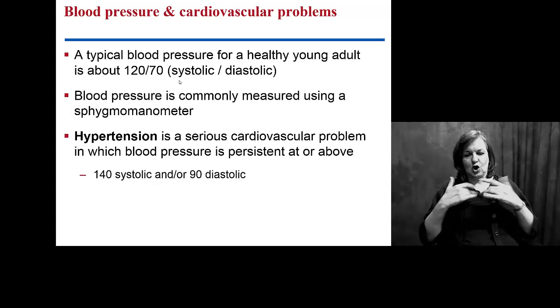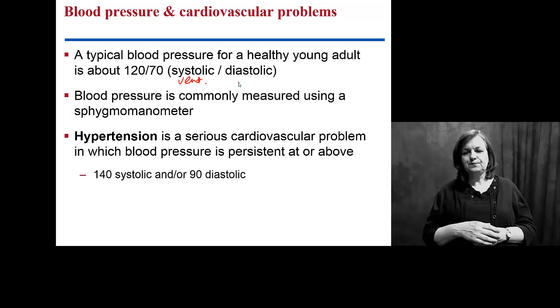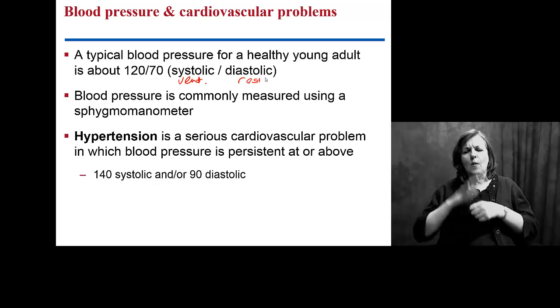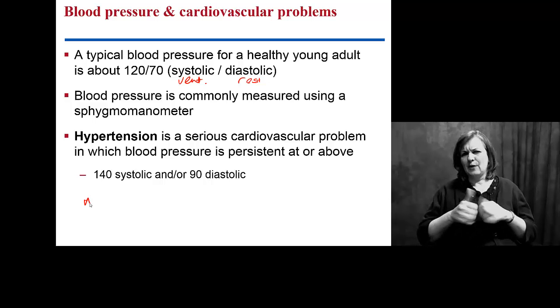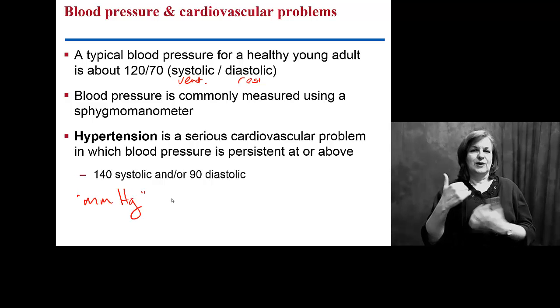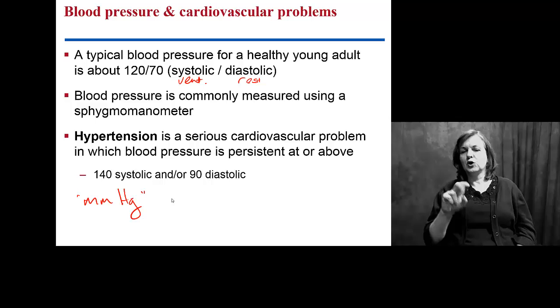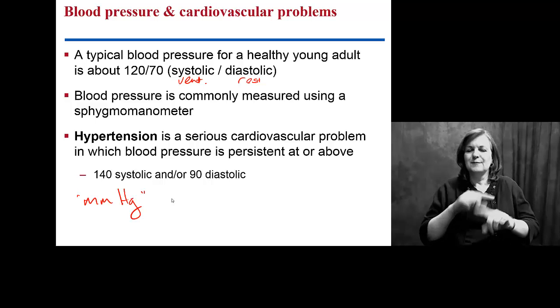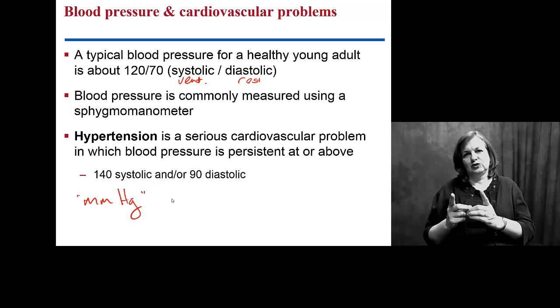So if this is ventricle contractions and this is essentially rest state, we want to know what's the pressure on your vessels. We actually measure it as millimeters of mercury. And this is back when there was actually mercury in your blood pressure cuff readings. Now, of course, everything is electronic, so instead it's measuring a little bit differently.